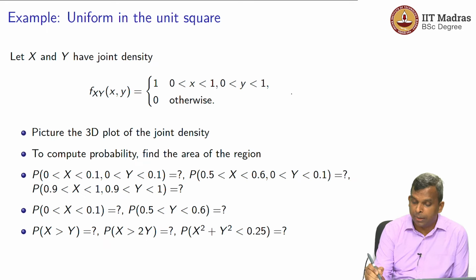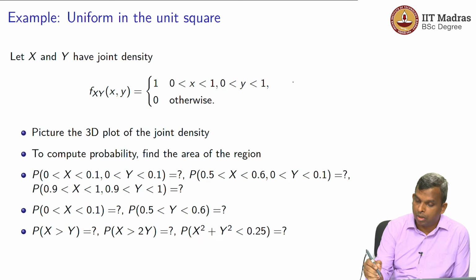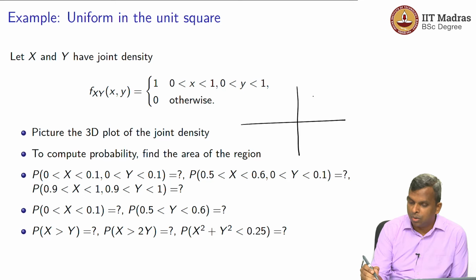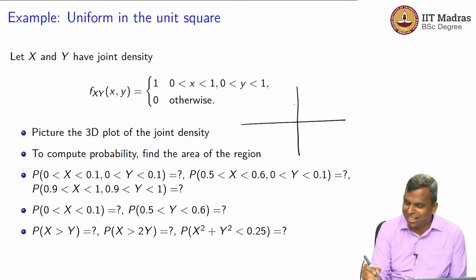So if you want to draw it, let me see how to draw it in as least painful a way as possible. Okay, so I might have to make multiple pictures like this, excuse me for that. So here is one, so this is the full support, and this is asking for 0.1, 0.1, right?